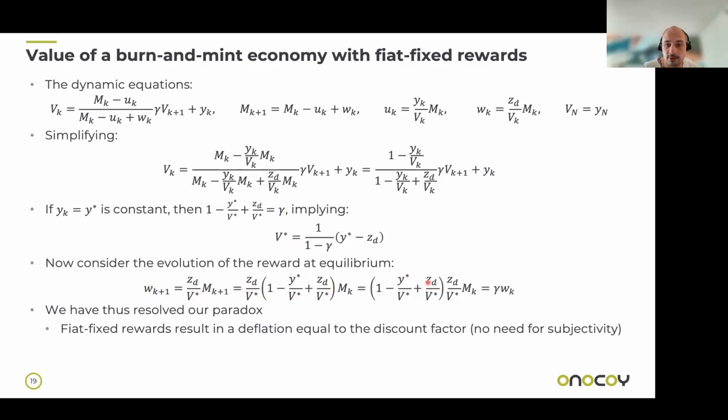And then this is gamma, and this is WK, right? And so we found that WK plus 1 is equal to gamma times WK. So we have solved the paradox. We've threaded this needle and figured out how to set gamma D to equal gamma without doing any subjective approach of trying to guess at what that discount rate is. So basically we won, and we're really happy about that.